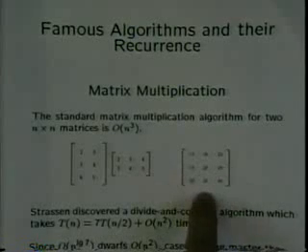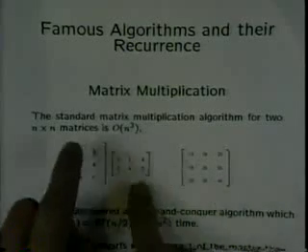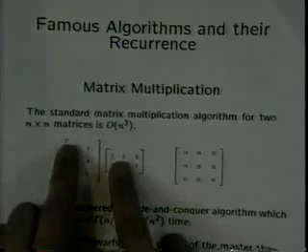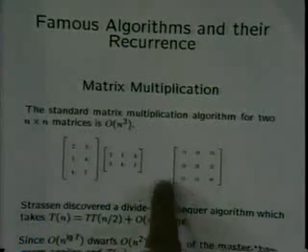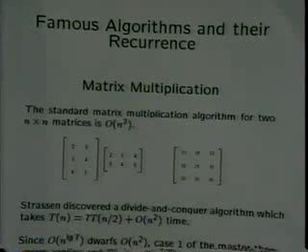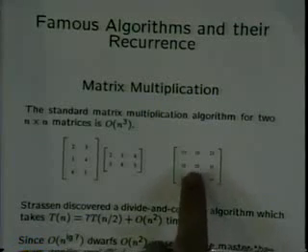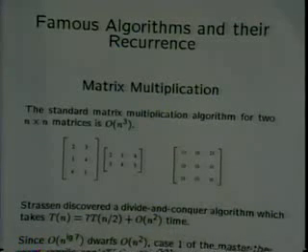Well, you've got n squared terms on the other side. Each term is the result of a dot product. You cruise down the row, you cruise down the column. Each element can be the sum of n multiplications. So using that simple algorithm, that would take n cubed time to do matrix multiplication. That's what you did in high school and all this kind of stuff.